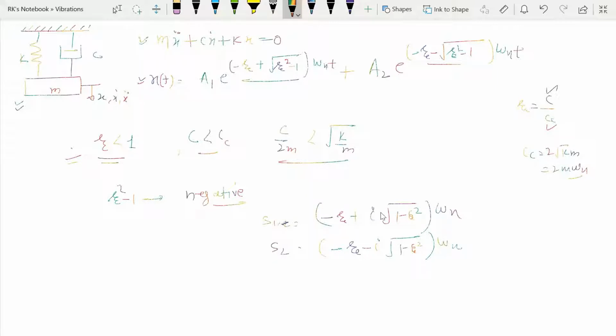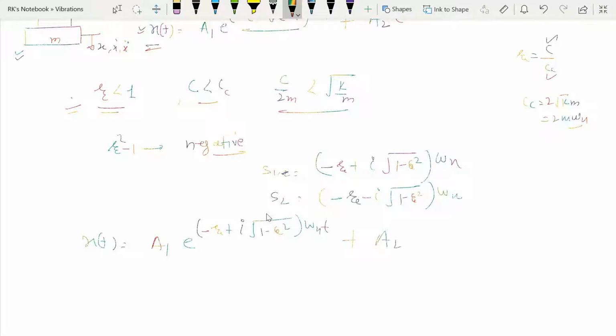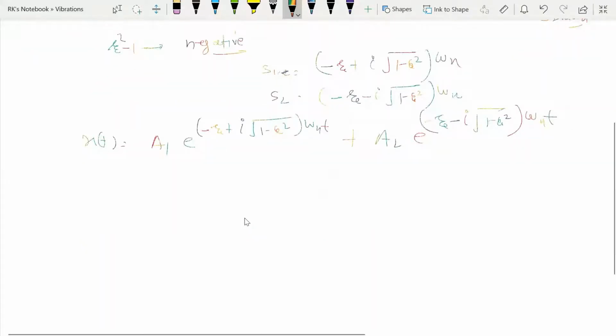So the solution x(t), if zeta is less than 1, can be written as x(t) equals A1 e raised to power minus zeta plus iota square root of 1 minus zeta square, multiplied by omega n t, plus A2 e raised to power minus zeta minus iota square root of 1 minus zeta square, multiplied by omega n t. Here we can take e raised to power minus zeta omega n t as common.